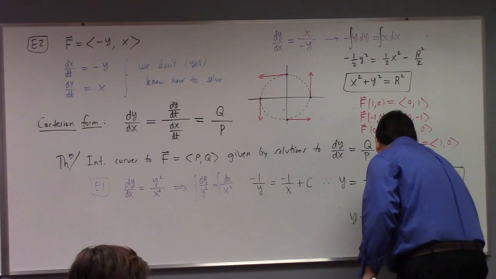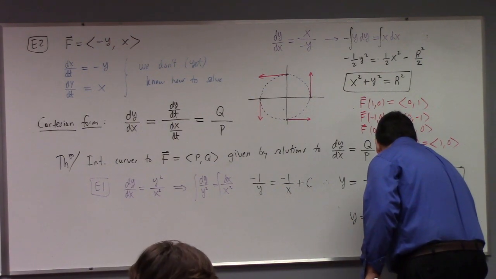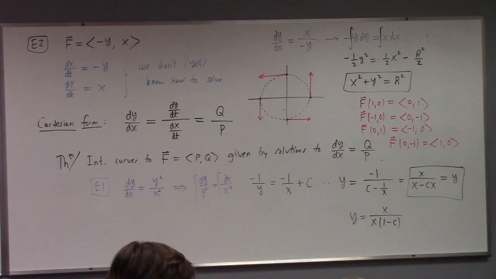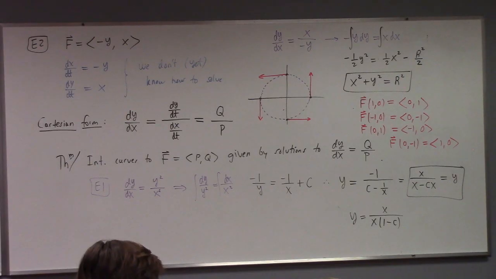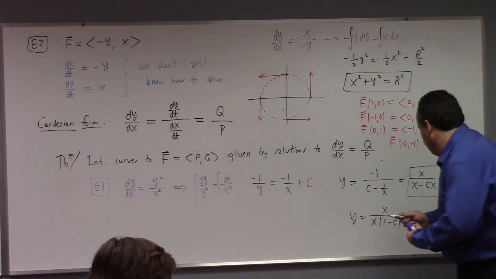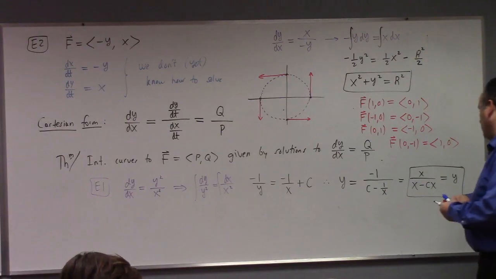This is just kind of fun to look at. That's x times 1 minus c. I feel like I did something wrong there. I think I should just have a 1 down there, right? I'm sorry. This is not right.